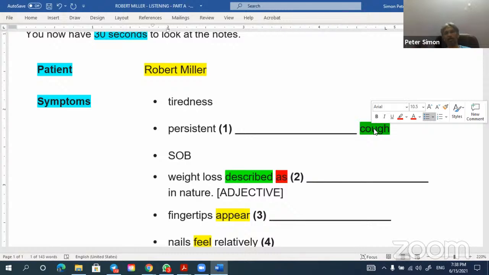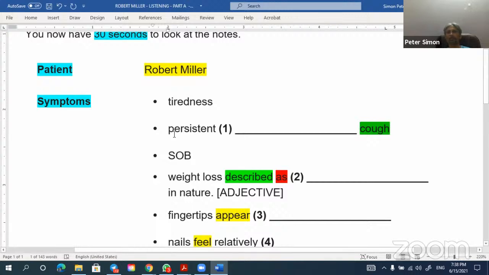Cough is an action itself. Persistent cough. Persistent is already an adjective. So now here, before "cough," an adjective is already there. That means there will be another adjective there.